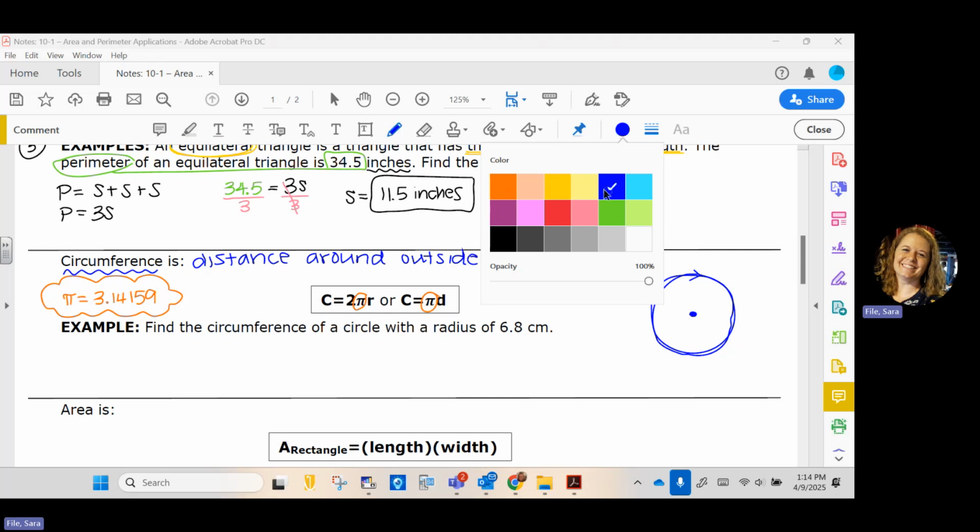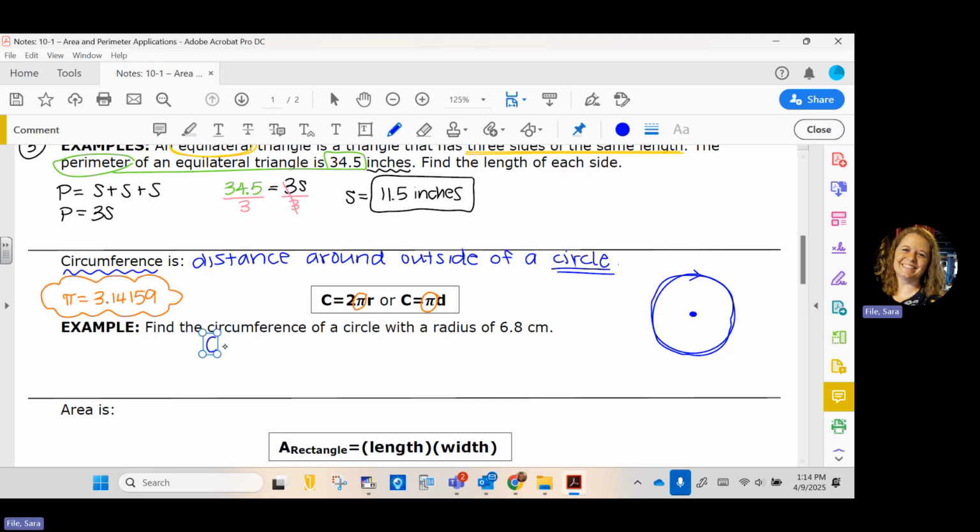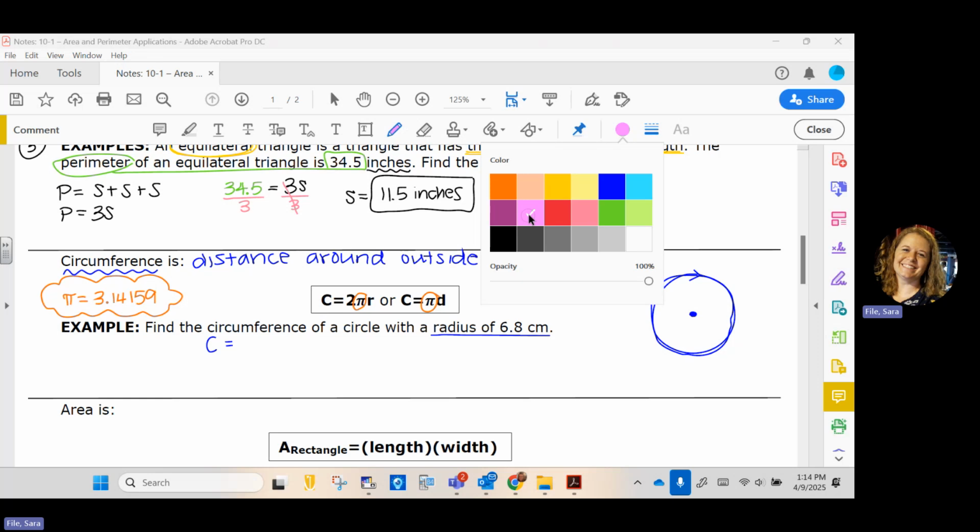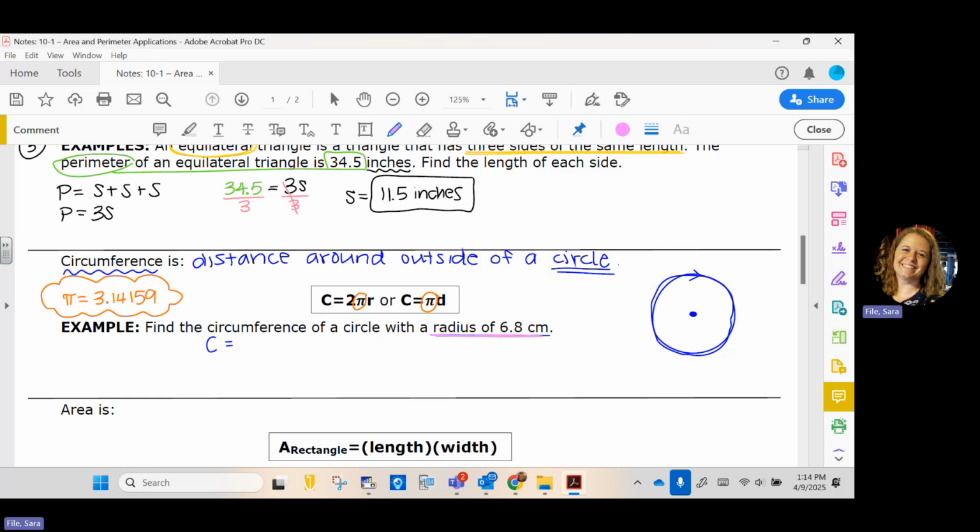Okay, so here I'm going to take the circumference, and it tells me this time the radius. Get a different color for that. Okay, so the radius, remember the radius is the distance from the center of the circle to the edge. That's radius, that's r.